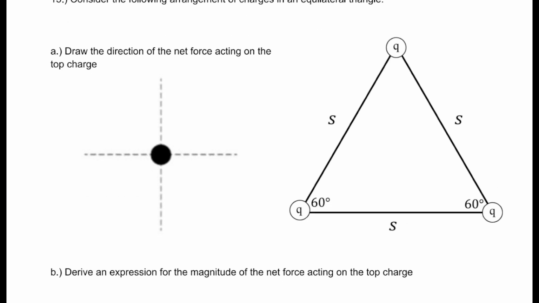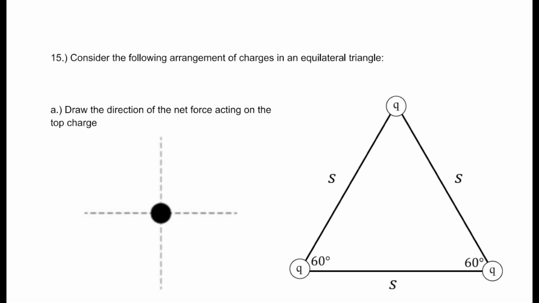All right, now a 2D example of Coulomb's law. We're going to find the net force acting on the top charge in this triangle. In this triangle, we see that all the charges are positive. So on the top charge, we're going to get pushed directly away by both charges. That would represent the net force.